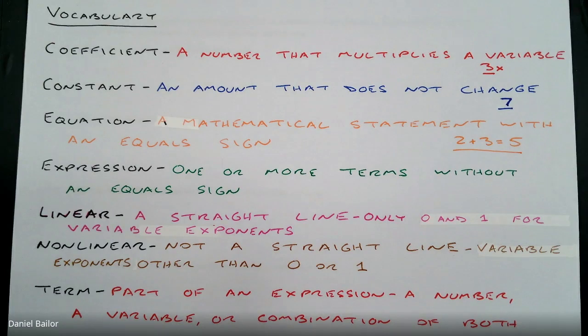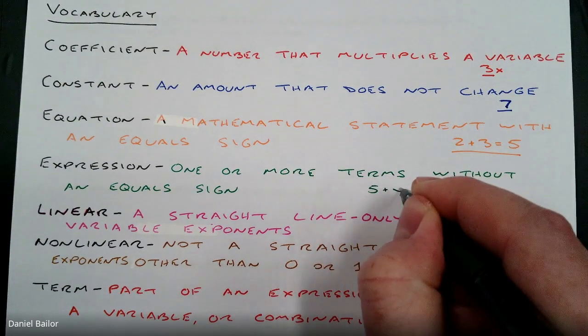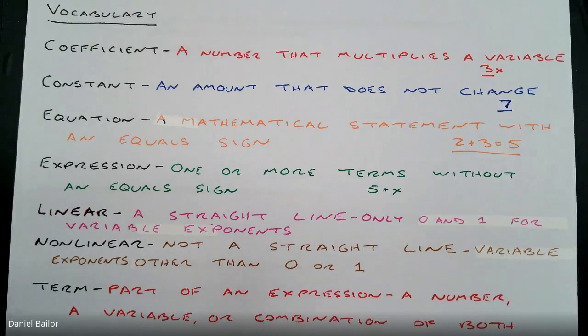Now, similar to an equation is an expression. An expression is one or more terms without an equal sign. So it's a math statement with no equal sign. So, for example, it's like 5 plus x. That is an expression. There is no equal sign.